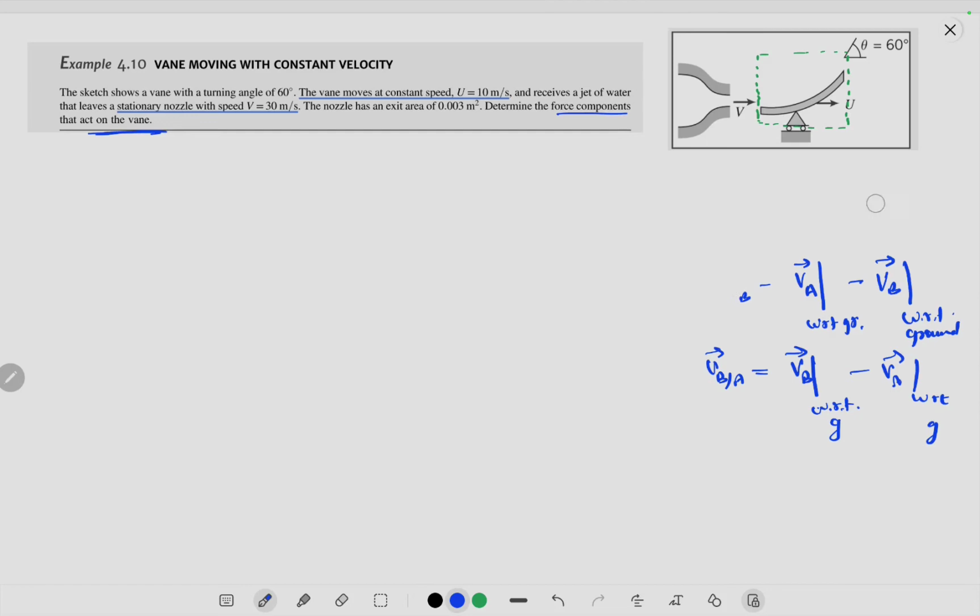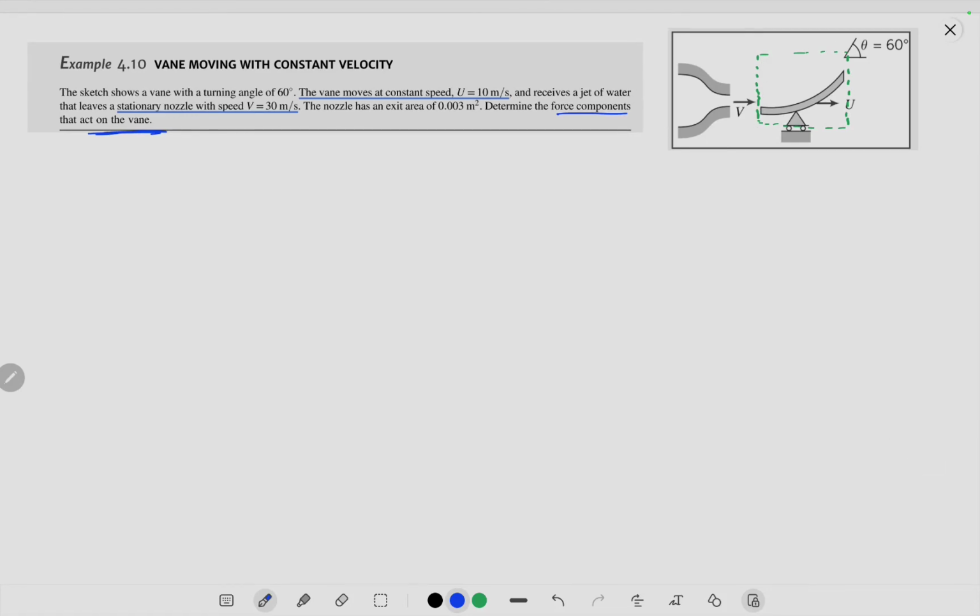If this is clear, what is the velocity of fluid with respect to control volume? The velocity of control volume with respect to ground is u vector. The velocity of fluid with respect to ground is v vector.